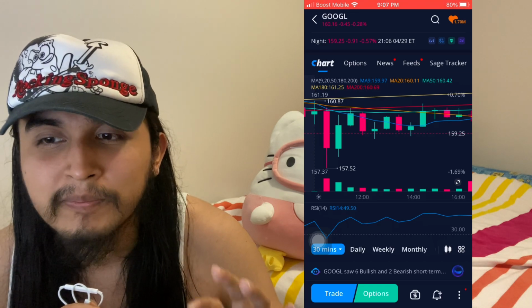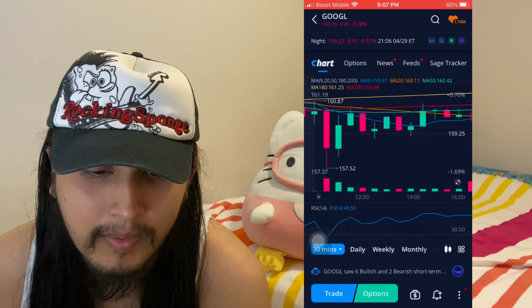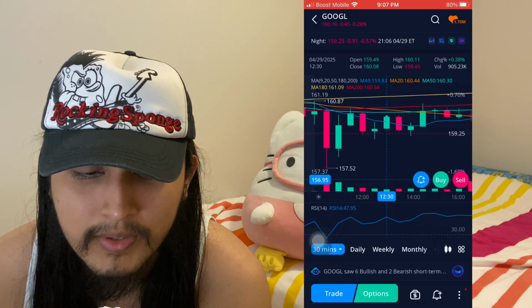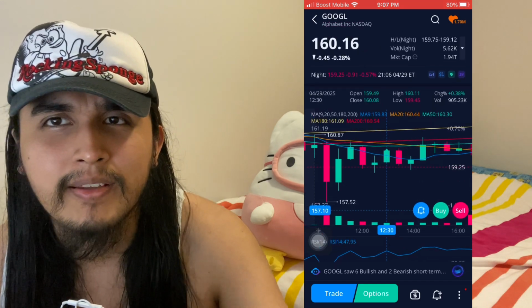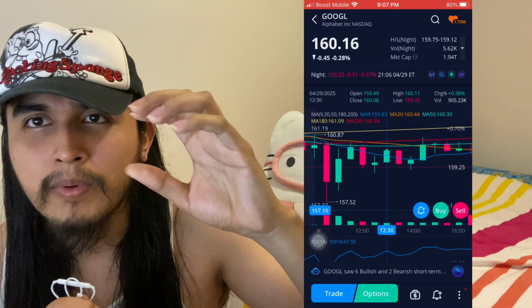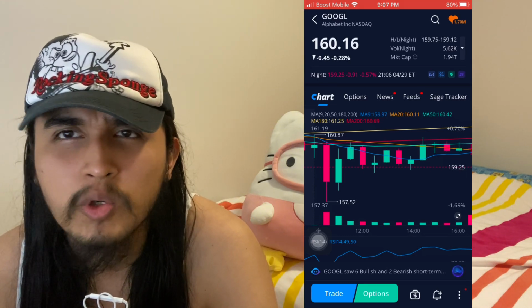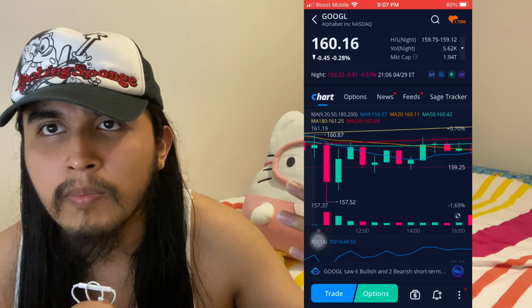So let's say for whatever reason Google starts going up more and more, and it approaches the 180-day moving average and breaks over it, right? And I'm just dollar cost averaging along the way. I see that the trade is over the 180-day moving average and Google starts going up and up more.